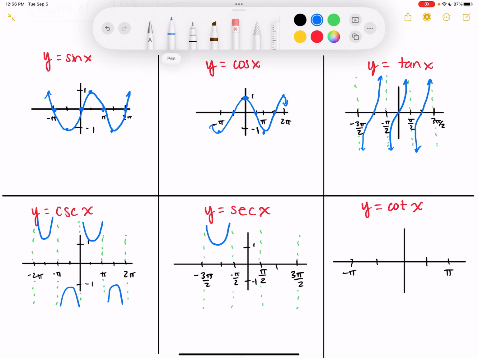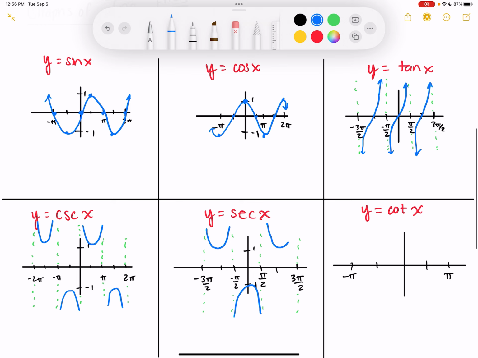Wait, I'm right. I'm looking at the wrong graph. Disregard. Okay. I was looking at the cosecant graph on my paper and the secant one on my iPad. Oh, I see that. Yeah, just a little bit. I was like, something's wrong. It is a sad face.